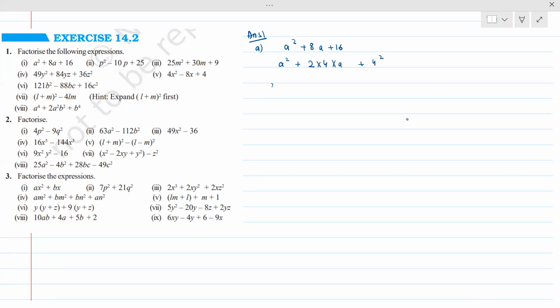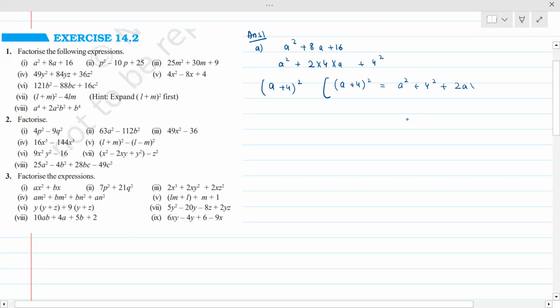So it is basically forming a plus 4 whole square. Why? Because a plus 4 whole square will be a square plus 4 square plus 2a into 4, same as we have done for the identity for the whole squares, right? The factorization for this is a plus 4 whole square.